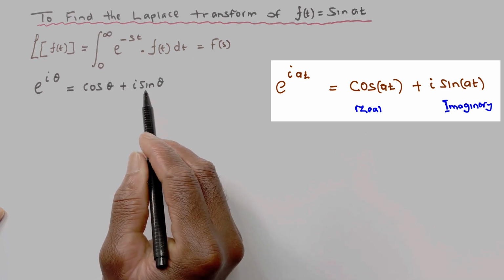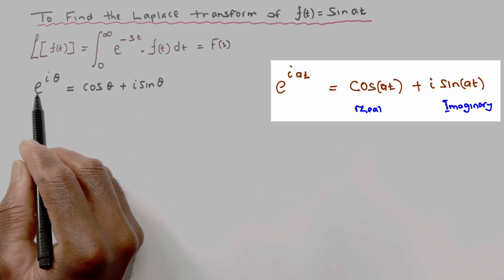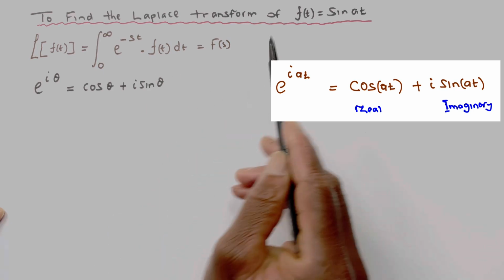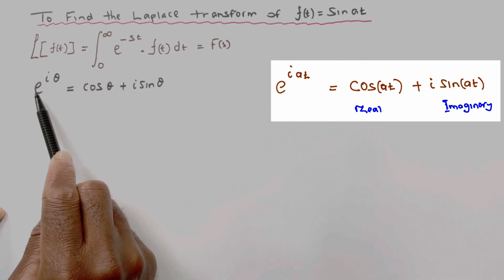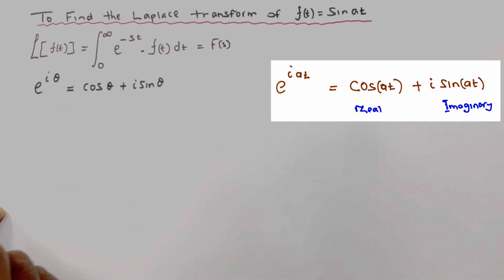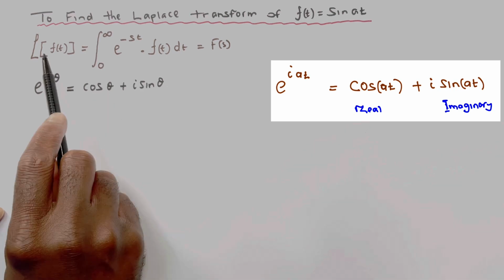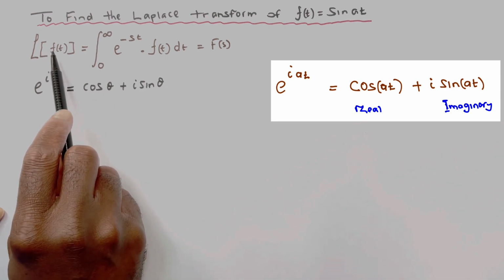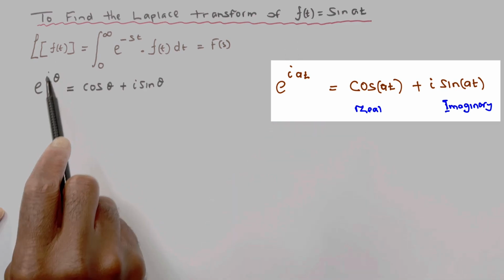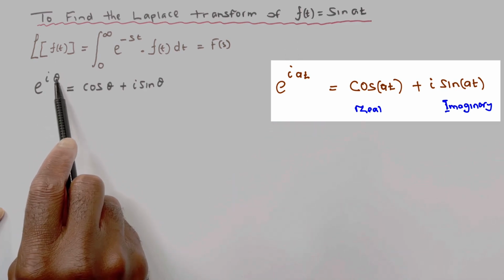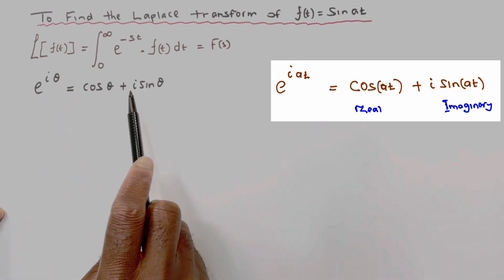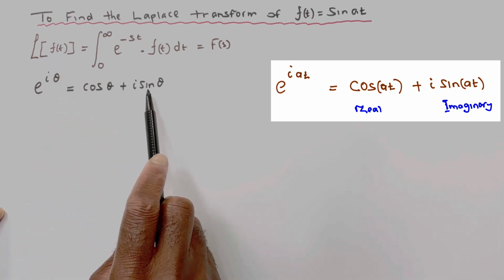So the imaginary part is what we need when we substitute the sine in terms of e to the power i theta. If we get the real part, that will be for cos theta. So we can replace the function f(t) with e to the i theta, and the final answer will be the imaginary part, which will be referring to sine theta.